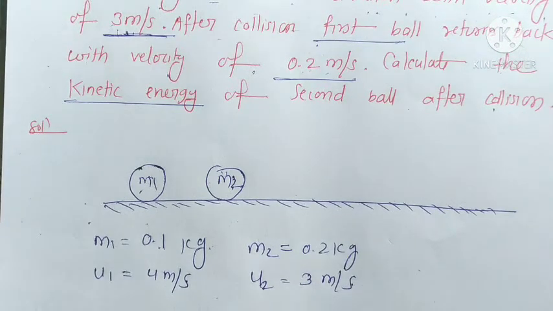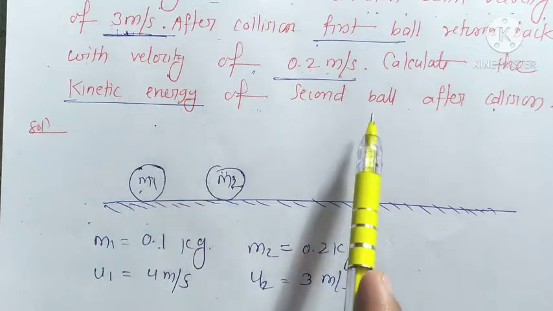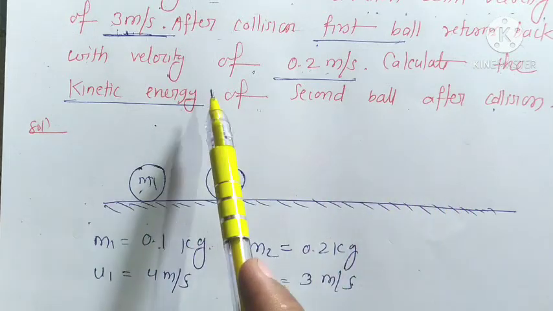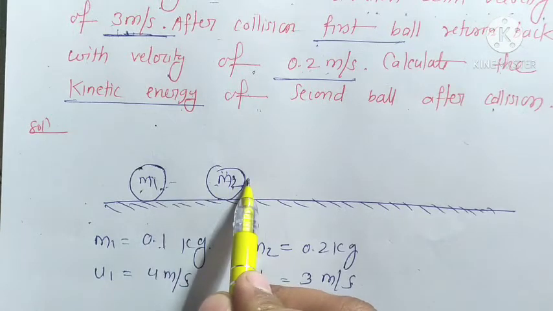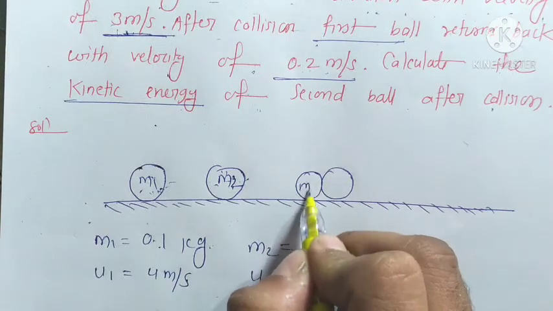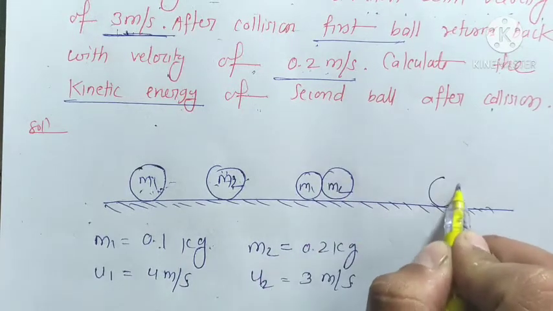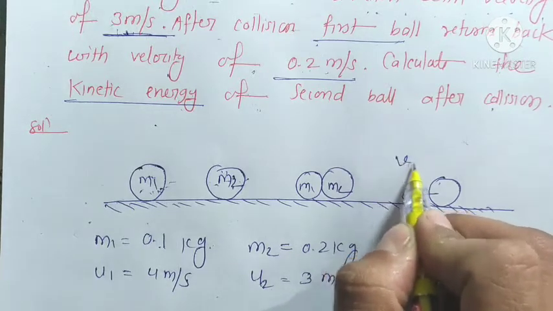So I repeat again. Two balls are moving in the same direction in a horizontal plane. When there is a collision between these two balls, the first ball returns back.